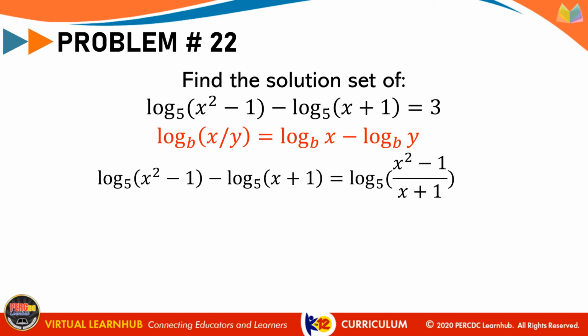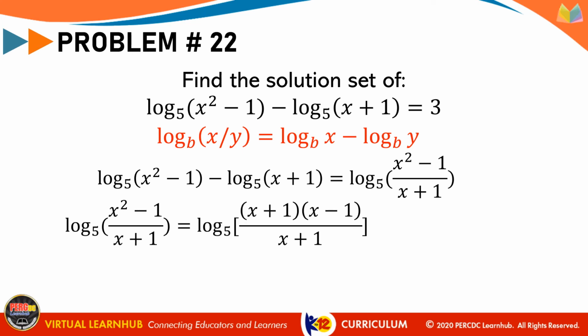However, we can express x squared minus 1 as the product of x plus 1 and x minus 1, giving us log of x plus 1 times x minus 1 all over x plus 1 to the base 5, and we can cancel x plus 1, giving us log of x minus 1 to the base 5.